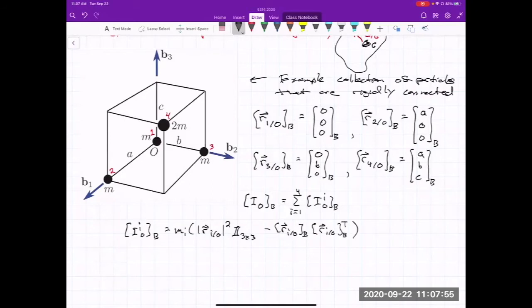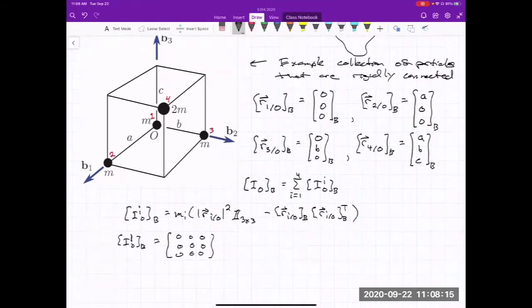The first one, since R1O is the 0 vector, is just going to be a matrix of a whole bunch of zeros. It doesn't even matter what the mass is. Okay. What about particle 2? Particle 2, so this is I2O.